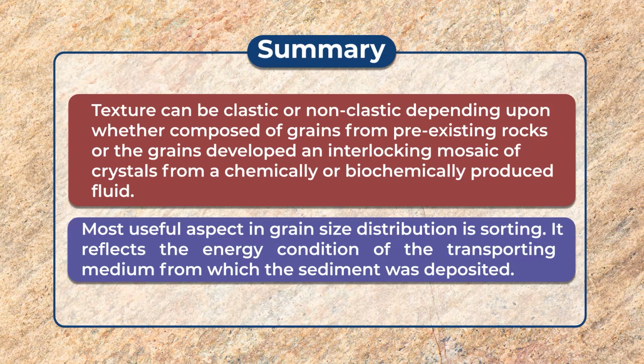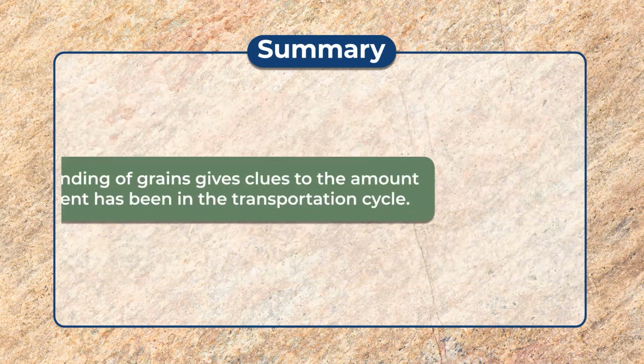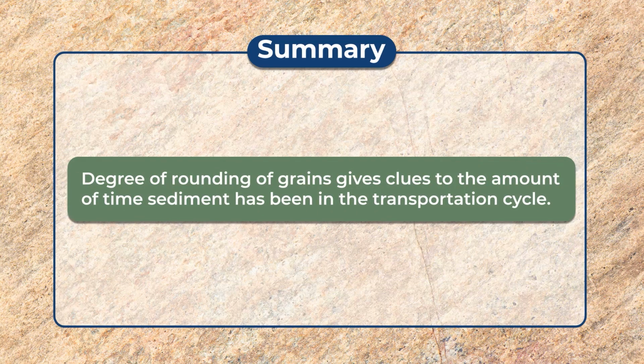It reflects the energy condition of the transporting medium from which the sediment was deposited. The degree of rounding of grains gives clues to the amount of time sediment has been in the transportation cycle.